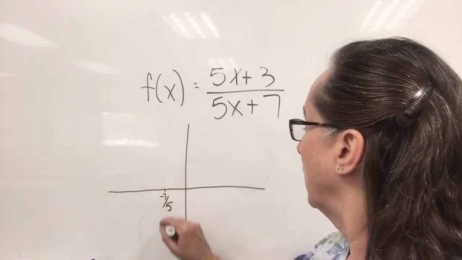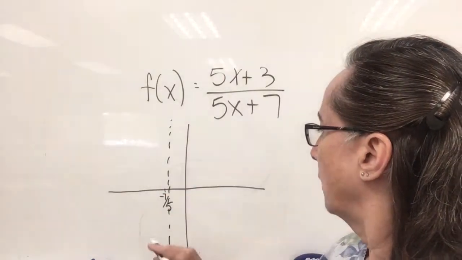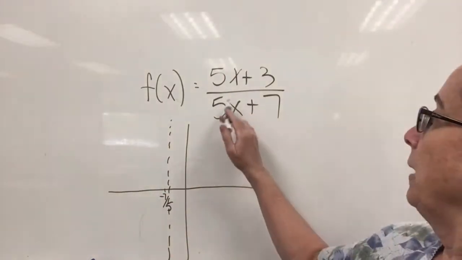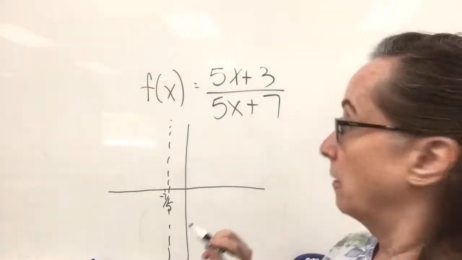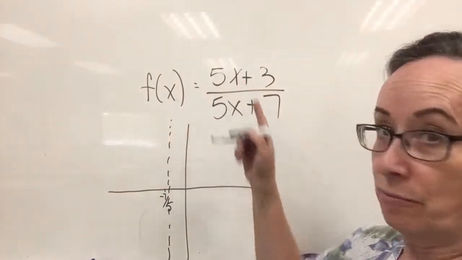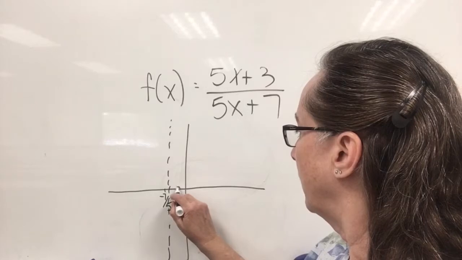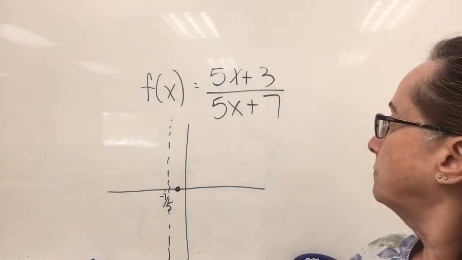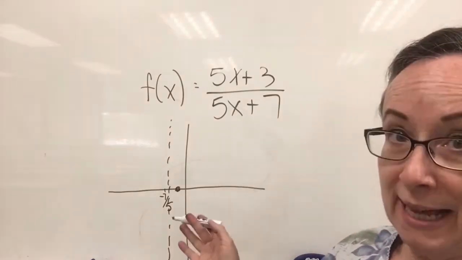So that will be our asymptote right there. Okay, and then we have a 0 where the numerator goes to 0. And that's going to be at negative 3/5 that we will have a 0. So maybe right about there we would have a 0, which means a crossing. And we have a horizontal asymptote.